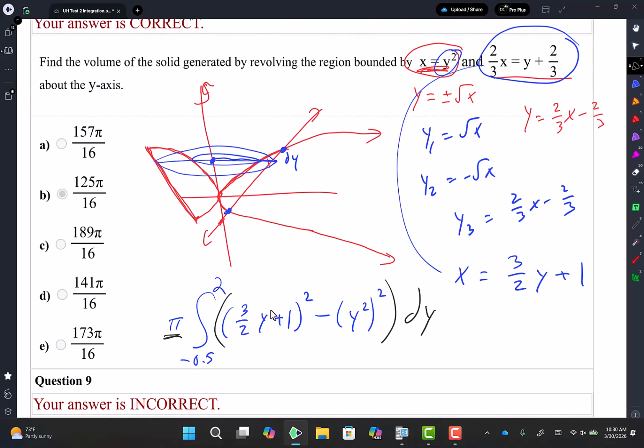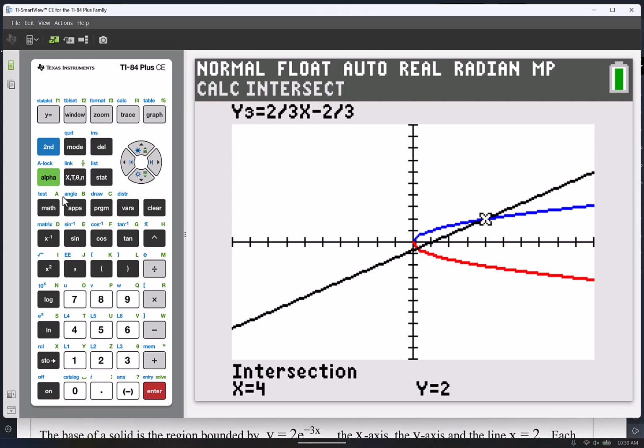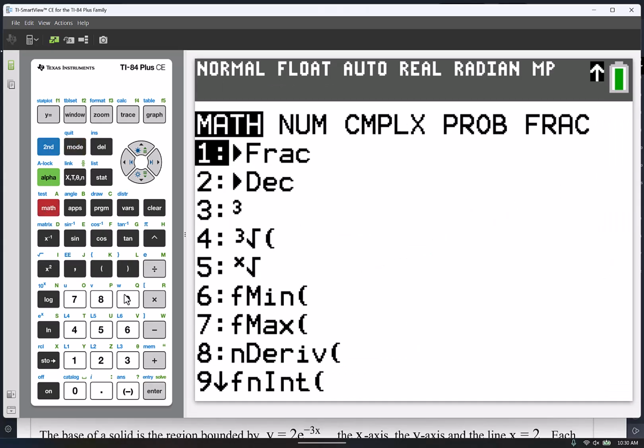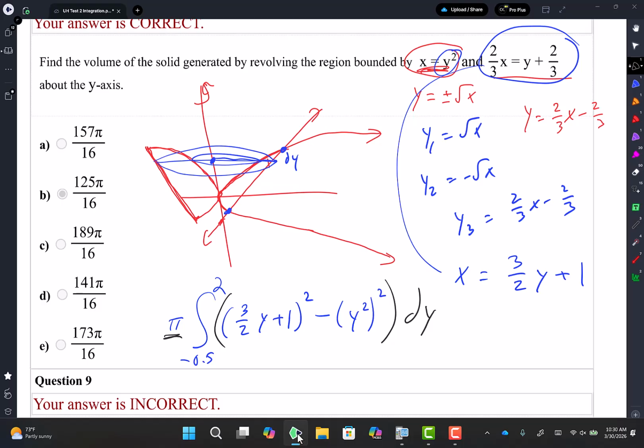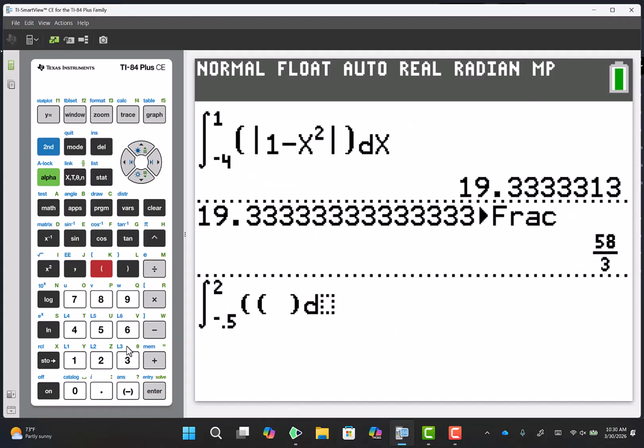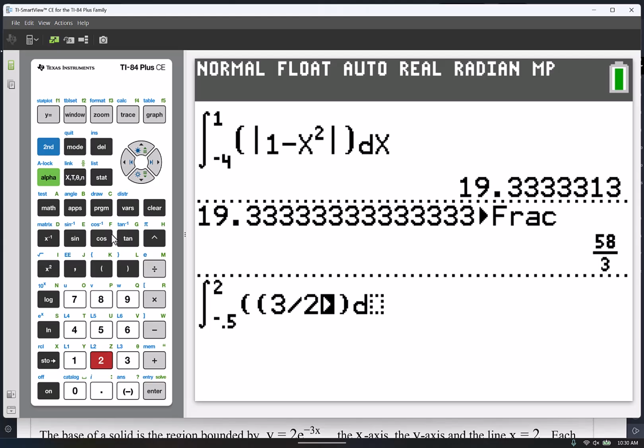So here we go. I'm going to take my calculator. I don't have that embedded into y, so I'm just going to type in an x instead of a y. So I'm going to go math, second quit, math 9, negative 0.5. I already forgot, was it 2? And then open a parenthesis and write 3/2 y plus 1. So 3 over 2, and instead of y, I'm going to put an x, plus 1.